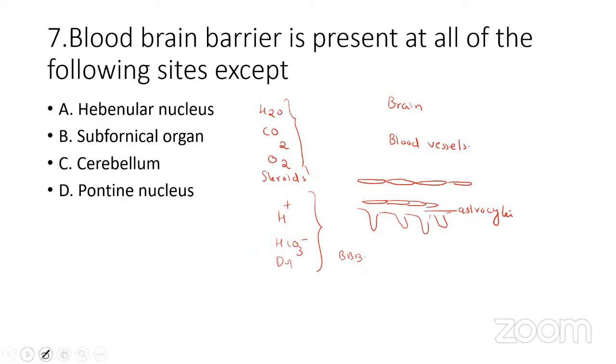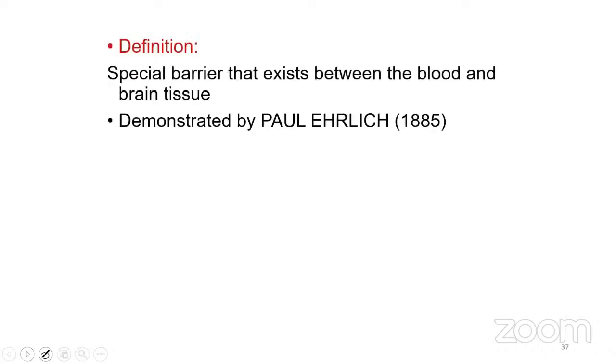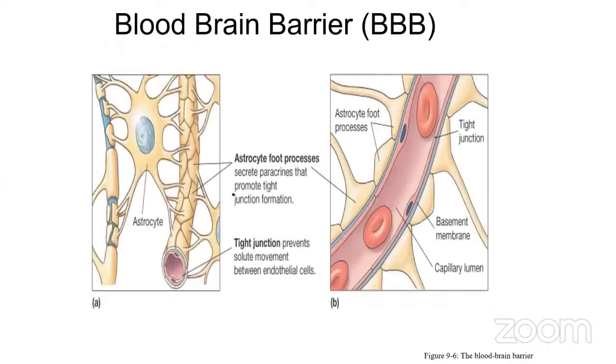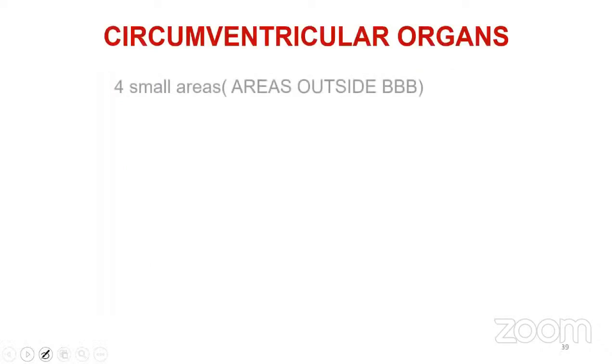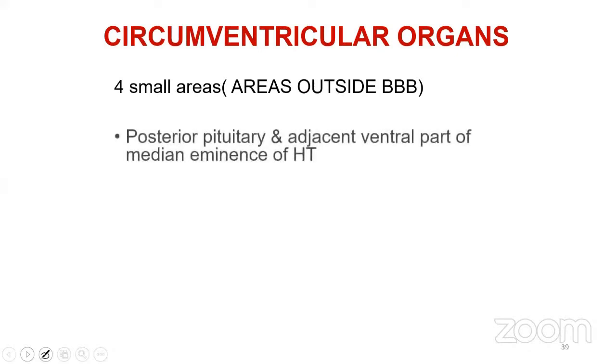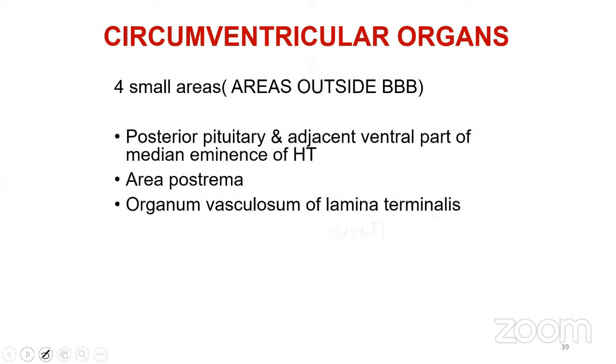These are known as neurohemal areas. Here you can see the astrocytes and the tight junctions. These organs are known as circumventricular organs. There are small areas outside the blood-brain barrier.